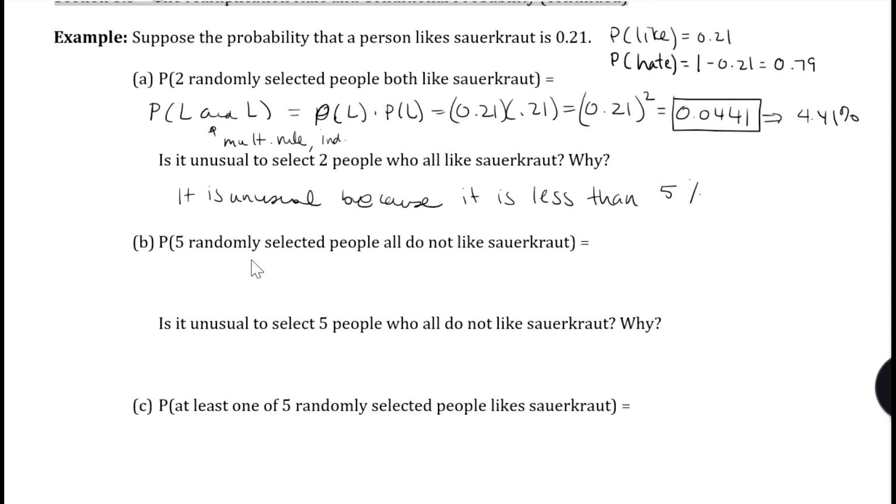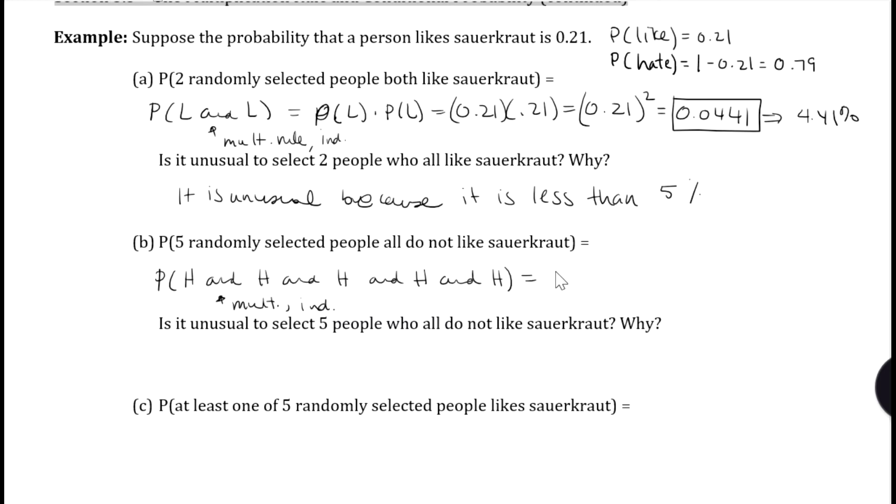Okay. So the probability that 5 randomly selected individuals all do not like sauerkraut. So that's probability that we hate and hate and hate and hate and hate sauerkraut. So again, we have the and, so we're going to be using the multiplication rule. And again, these events are independent.